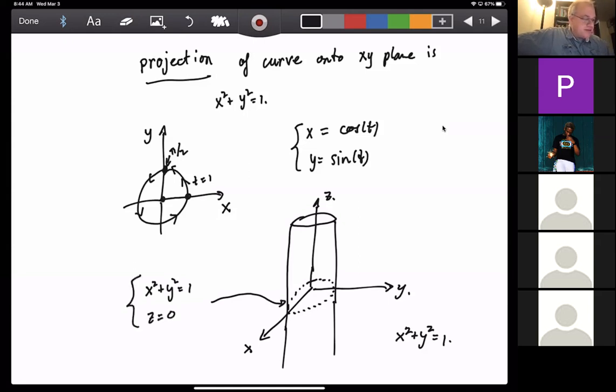That's the projection of the curve down onto the xy plane. And we know that if we project our curve down onto this plane, we're going around that curve counterclockwise, viewed from above, viewed from the positive z axis.